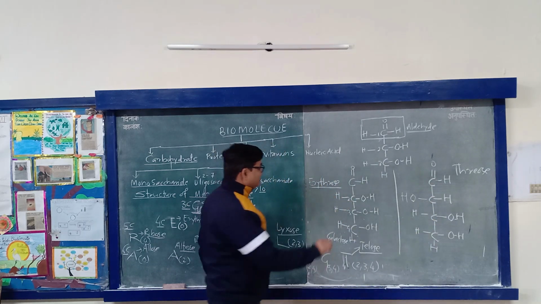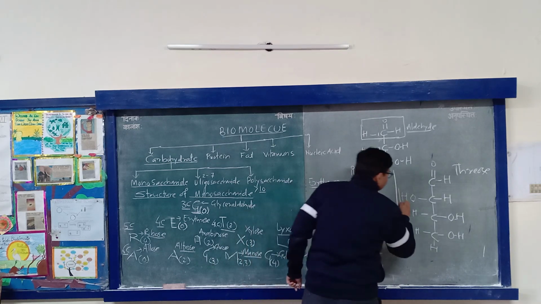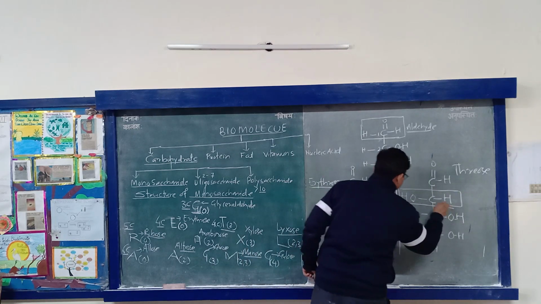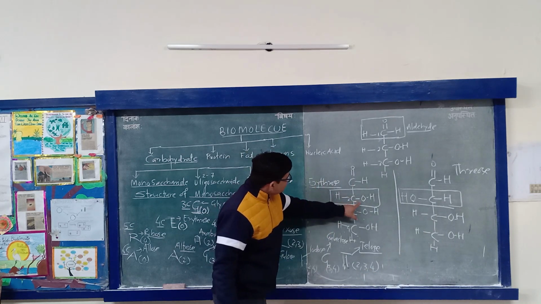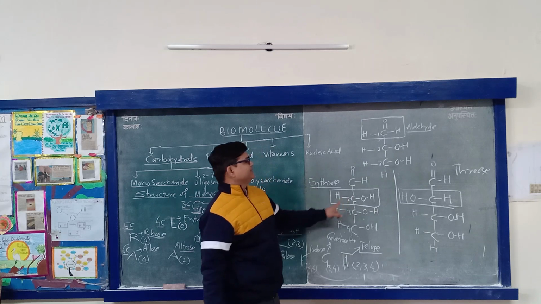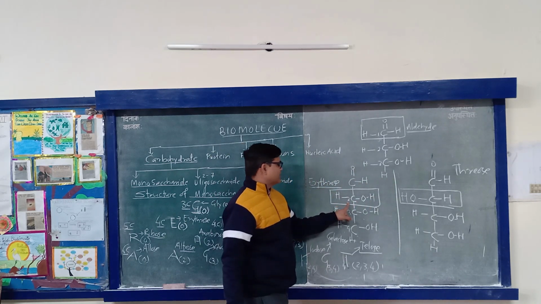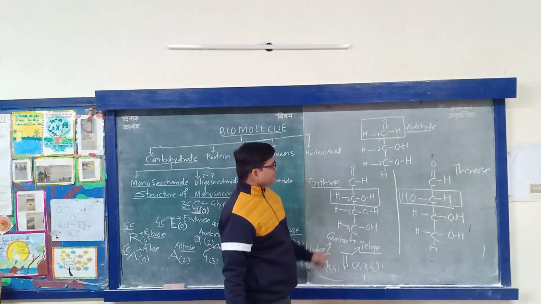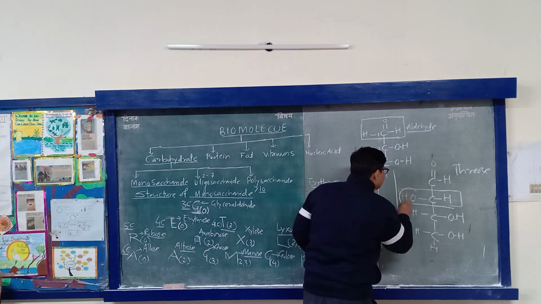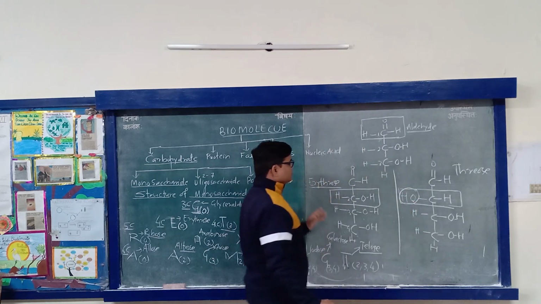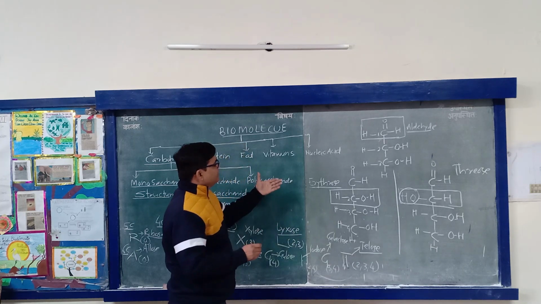If you see, the difference is only at carbon number 2. In case of erythrose, the hydroxy group is present on carbon number 2 on the right side. But in case of threose, the hydroxy group is present on the left side.